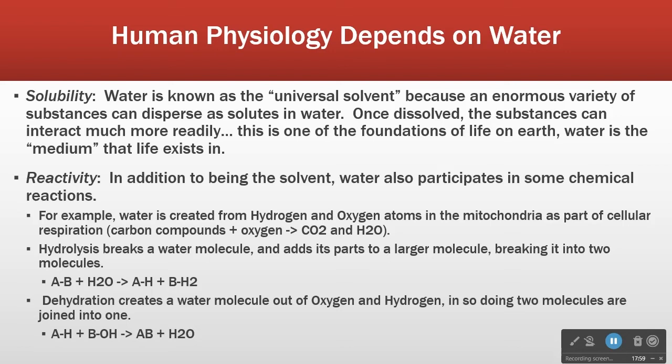You can imagine that if we didn't have water, it would be difficult for this part of the body to interact with this part of the body because there's no exchange of material between the two. Whereas in water, because everything is dissolved, we have this medium of water with all kinds of stuff dissolved in it, which makes that happen. So solubility.